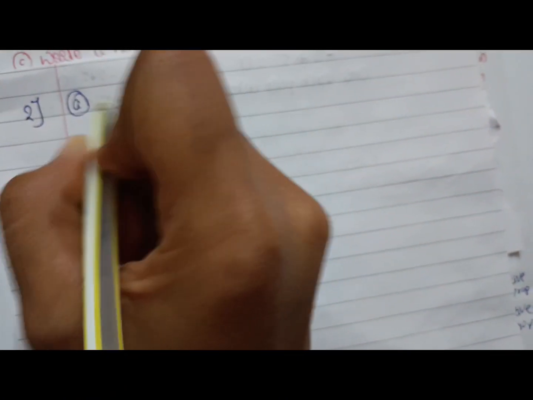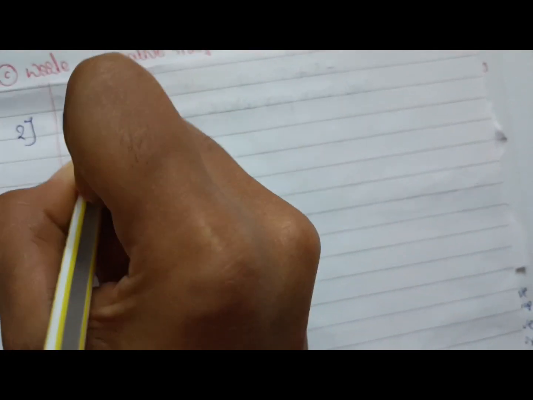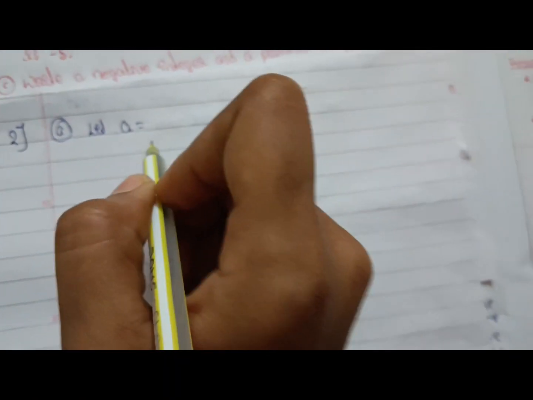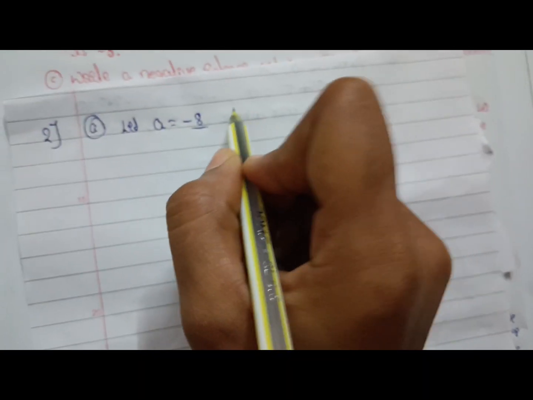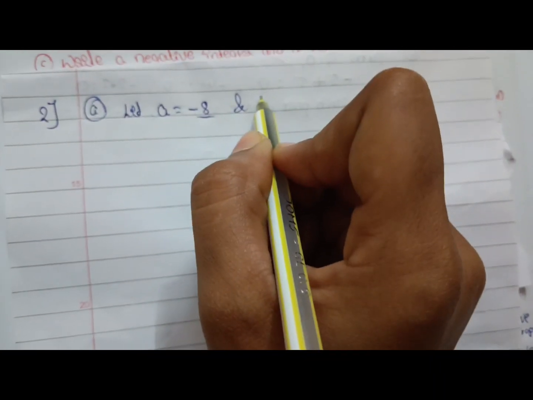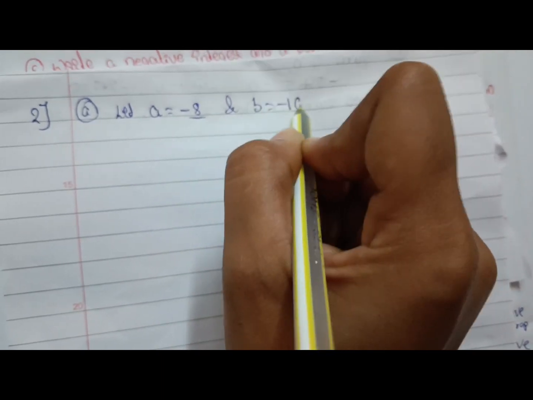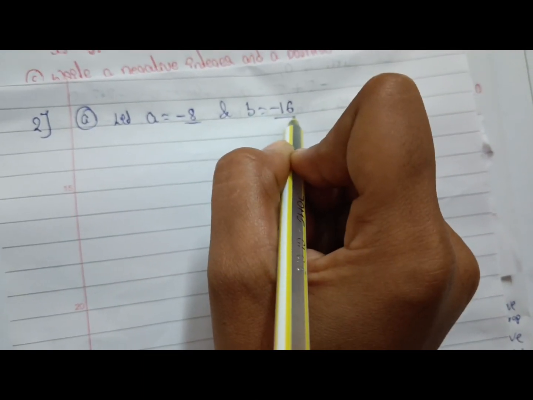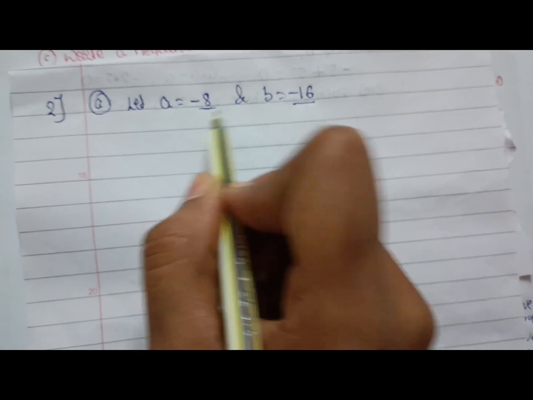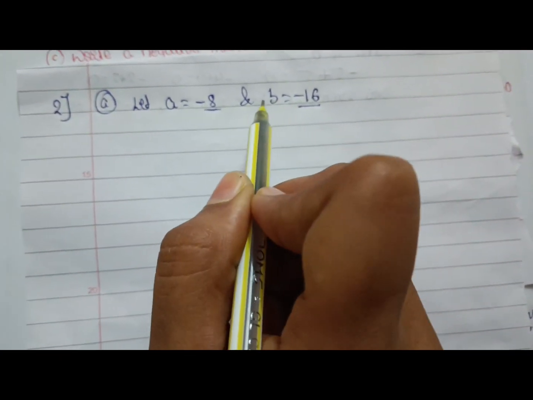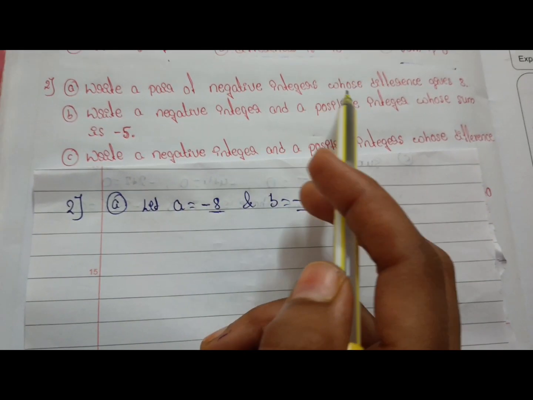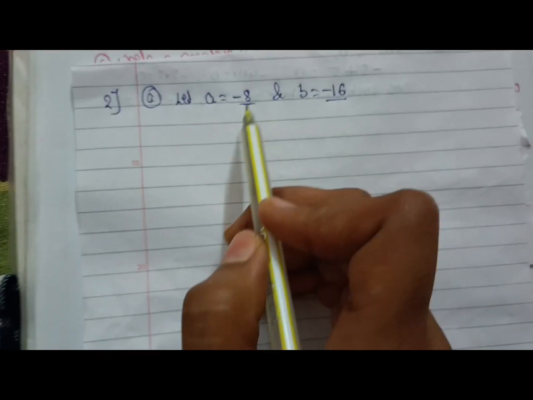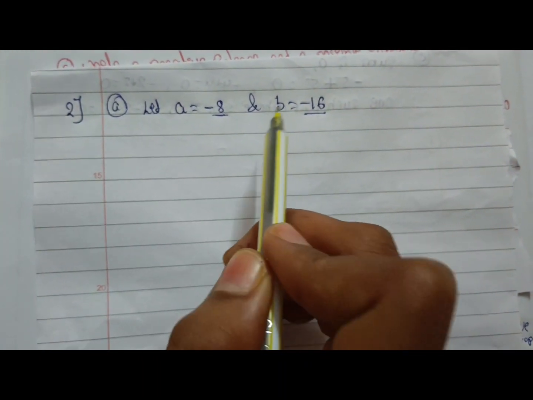Let a is equal to minus 8. This is our negative integer, and b is equal to minus 16. This is another negative integer. When we subtract these two integers, we should get 8.